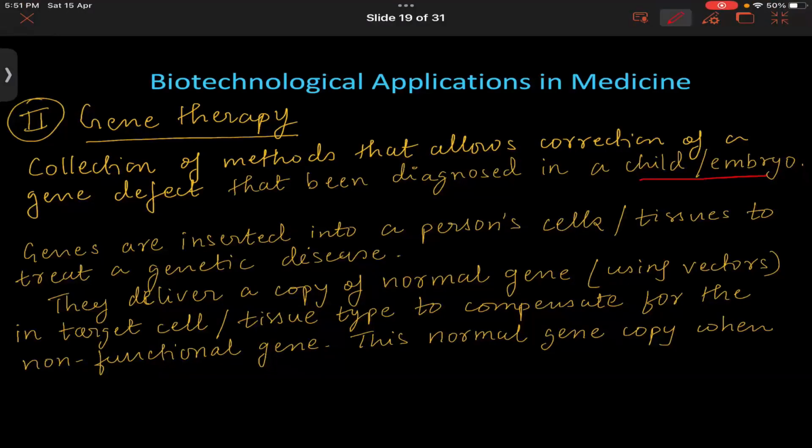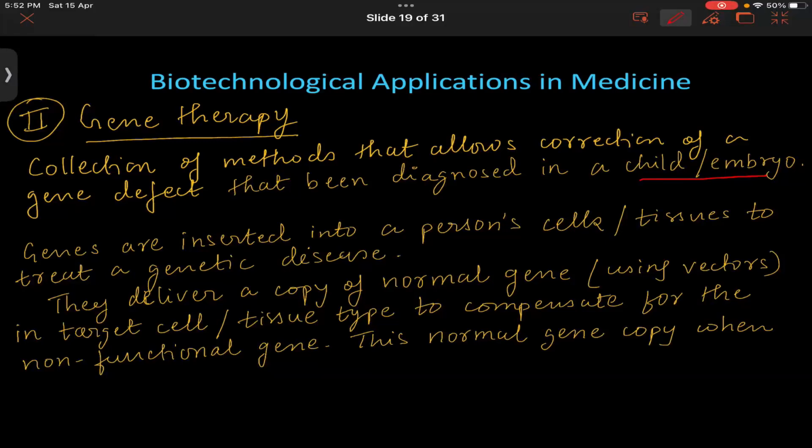So we can use gene therapy techniques to correct a gene defect which luckily got diagnosed in a small child, or even inside the mother's womb, in the embryo condition. We can correct that gene defect.